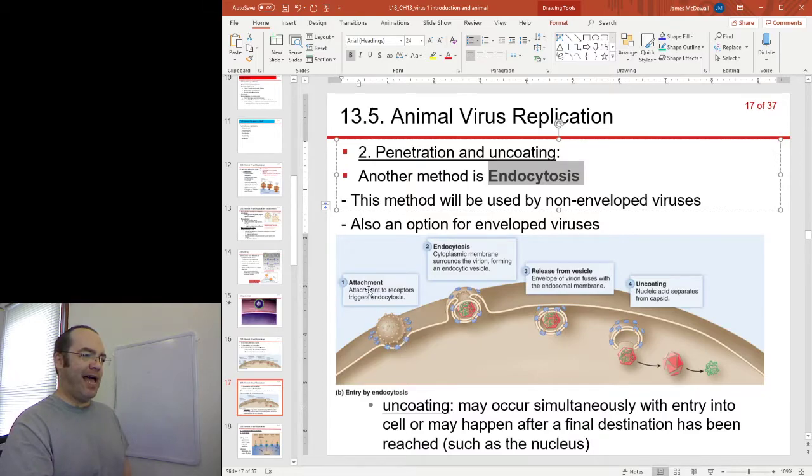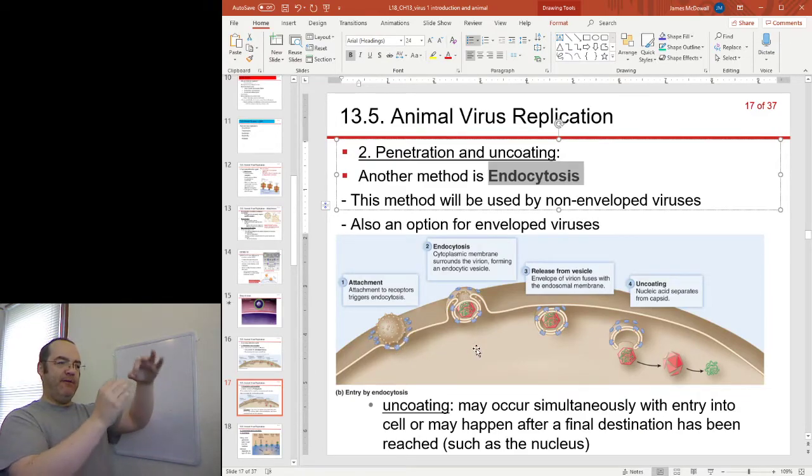So we have our attachment, our spike proteins sticking to receptors, but instead of the membranes fusing, the cell engulfs the viral particle and pulls the entire thing inside and puts it in a vesicle. And then later on, the nucleocapsid escapes that vesicle and releases its nucleic acids.